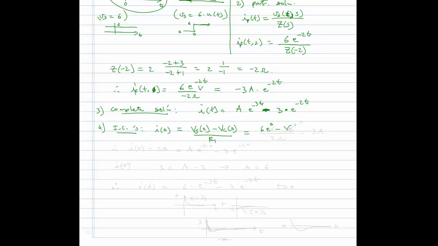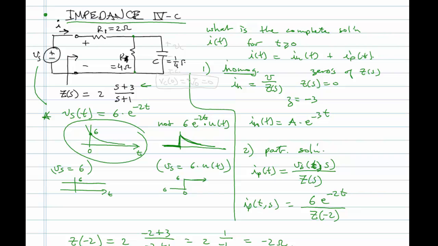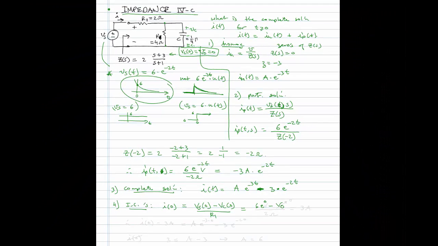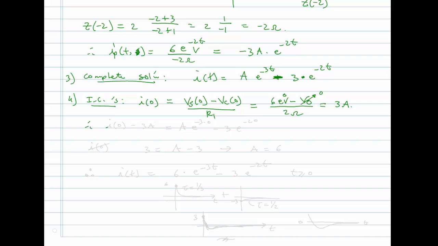Did we specify that? No, I did not. Let's say this is the voltage here, Vc, and Vc at time 0 is equal to V0 is equal to 0. That's our initial condition. So 0 divided by R1, which is 2 ohms. So we have 6 volts divided by 2 ohms, or 3 amps. So therefore I0 is equal to 3 amps.